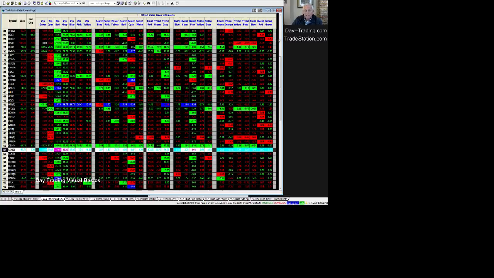So it's just a great method to find different stocks real quickly, especially if you trade in a certain price range, or you trade in a certain industry segment. Whatever the case may be, this is an effective method to see what's happening very quickly.